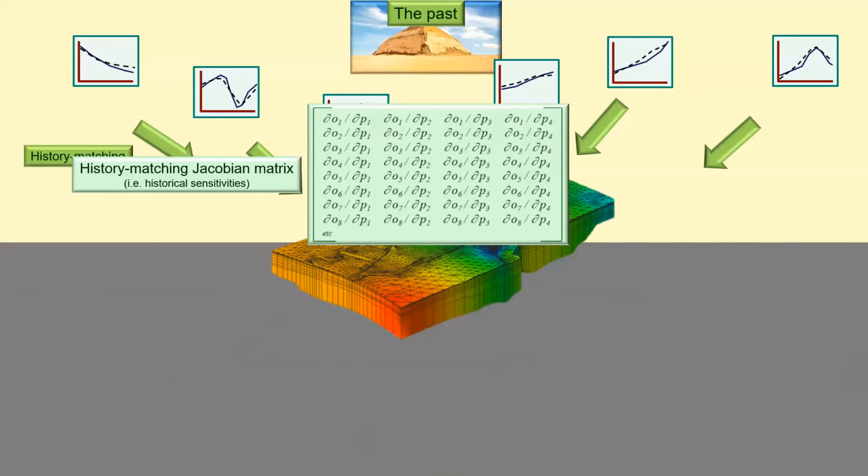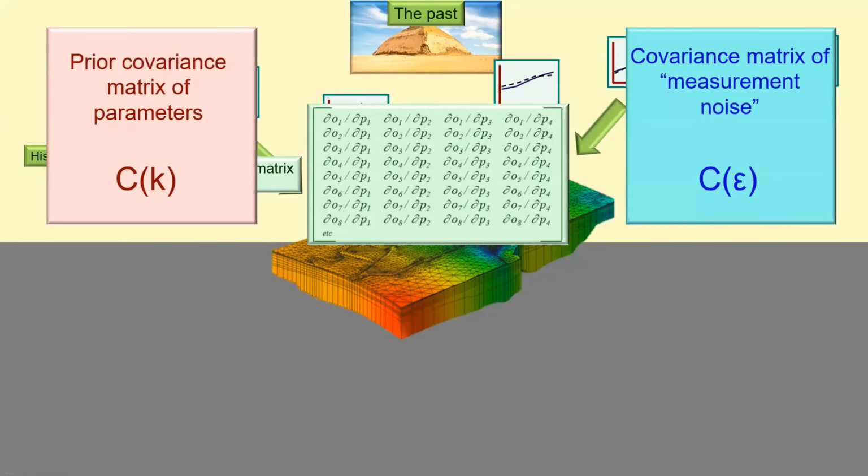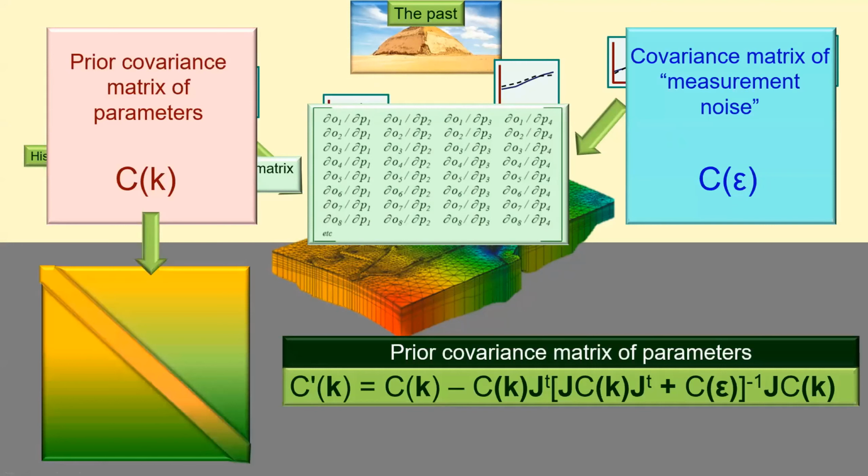And if we calibrated, that is, we sought uniqueness in ways we've talked about, and if we did that using a Jacobian matrix calculated using finite differences, this Jacobian matrix has integrity, enough integrity to be used in combination with other matrices we talked about last week to calculate a linear approximation to the posterior uncertainty of parameters. That is, this posterior parameter covariance matrix can be calculated relatively easily once we've got this Jacobian matrix.